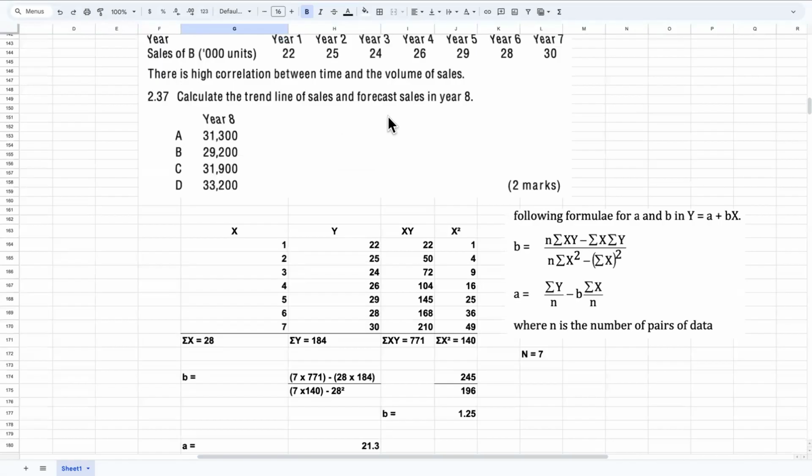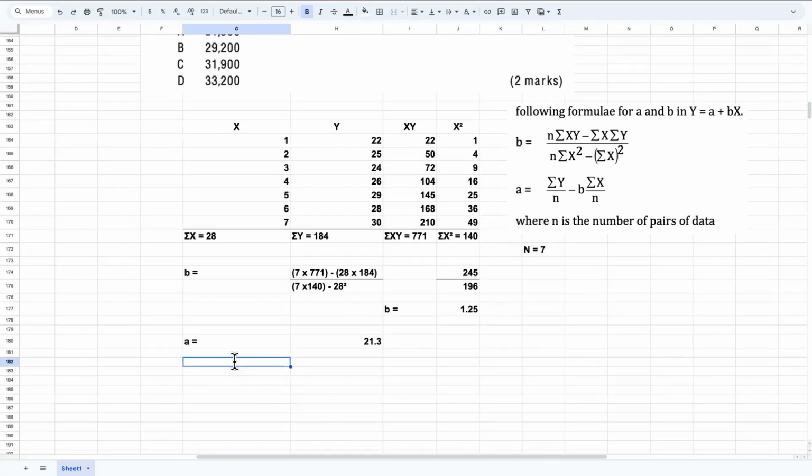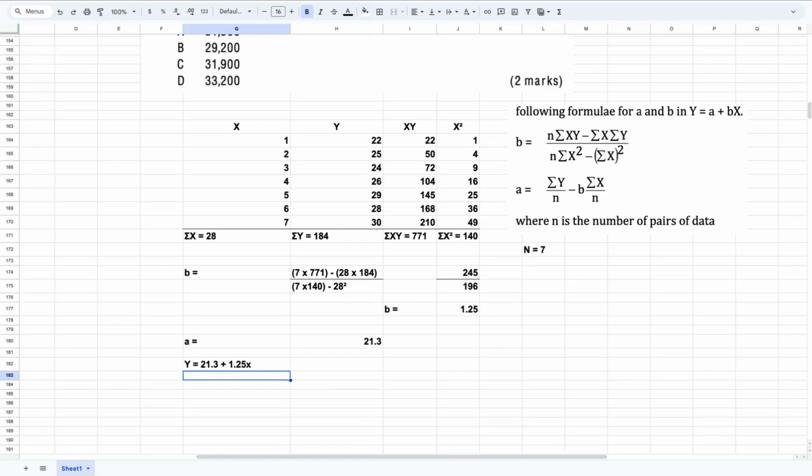So the actual question is calculate the trend line of sales and forecast the sales in year 8. So the trend line is going to be y is equal to the A, 21.3, plus the B, 1.25x. That is the trend line.